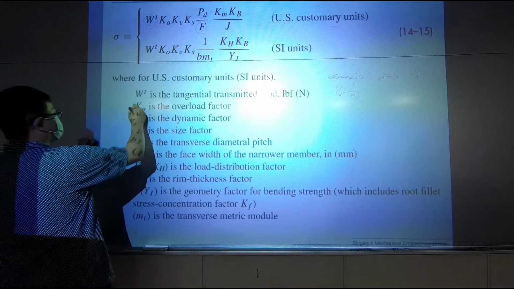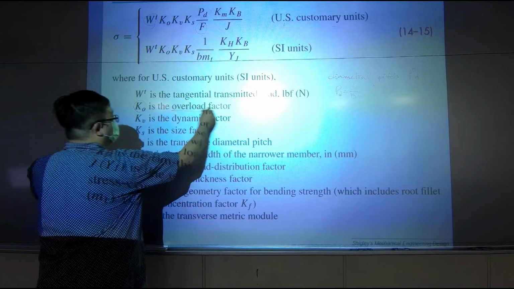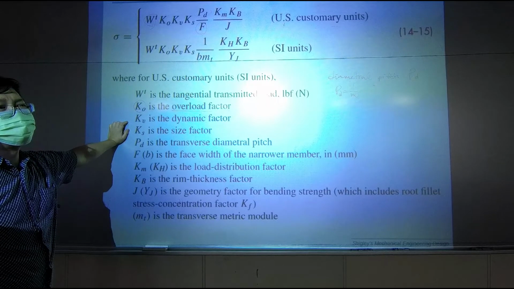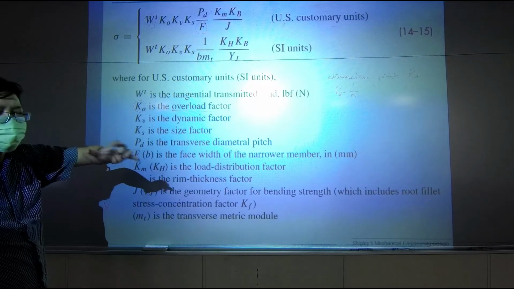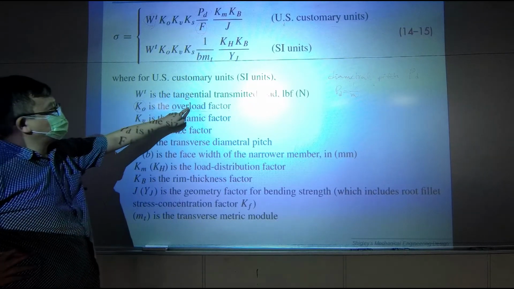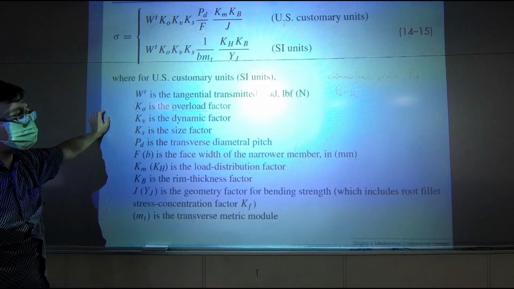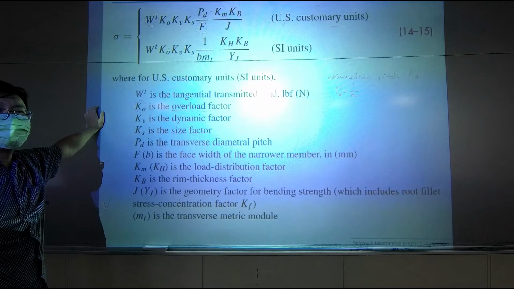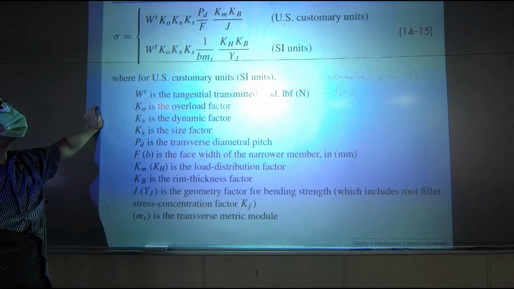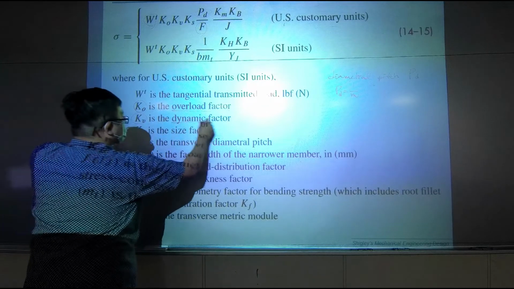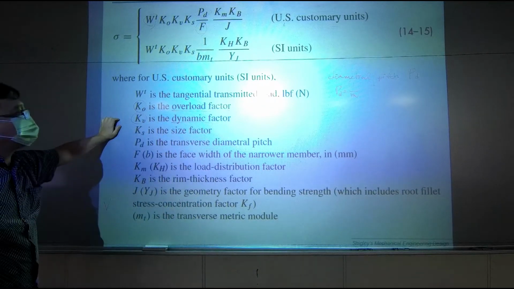So there's a KO, overload factor. If the working condition of the gear has different loading scenarios, different loading conditions, this K needs to be changed. Okay? KV is a so-called dynamic factor.